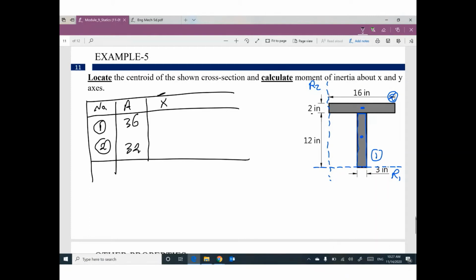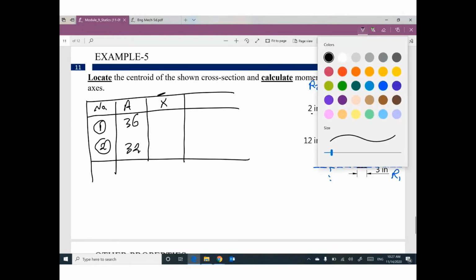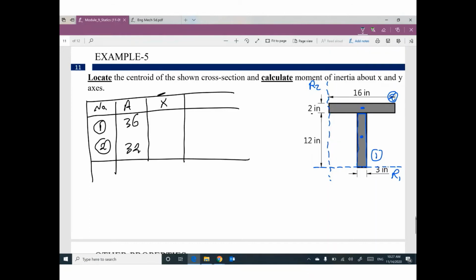What is the horizontal distance? For part number 1, what do I mean by horizontal distance? I mean, what is the horizontal distance between the centroid of part number 1 and the assumed reference? It will be 8. What is the horizontal distance between the centroid of part number 2 and the assumed reference? It will be 8.